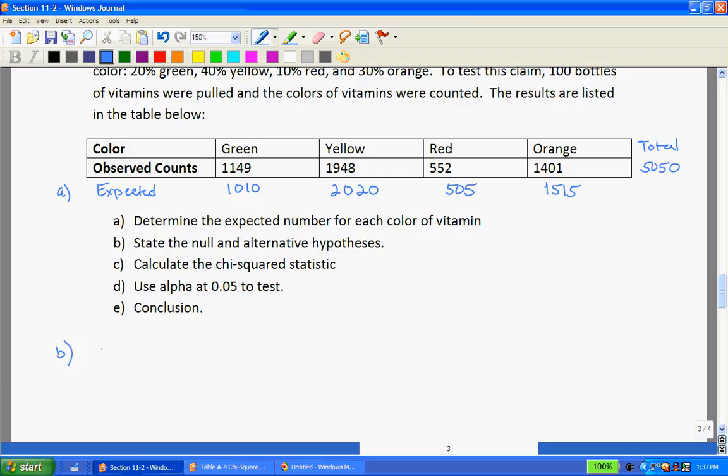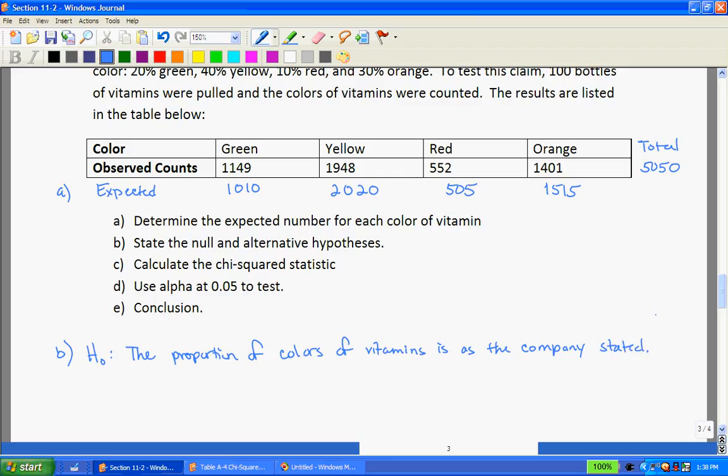B, the null and alternative hypothesis. For the null, you could say something like the proportion of colors of vitamins is as the company stated. And it's okay to list those out specifically.